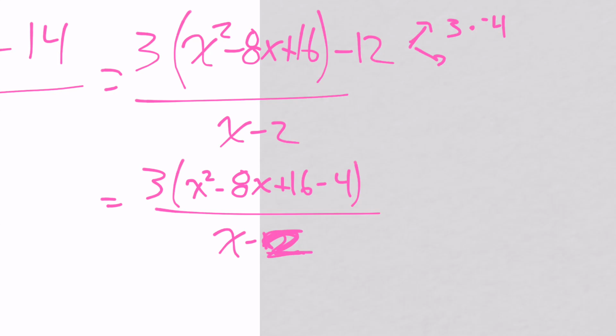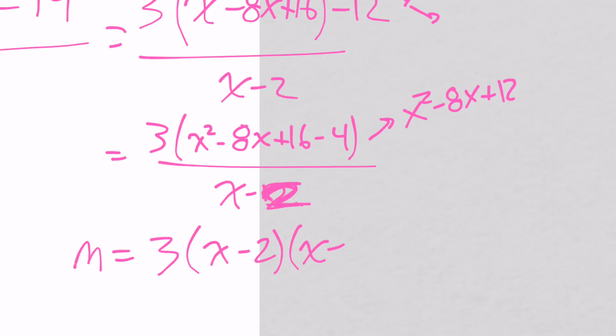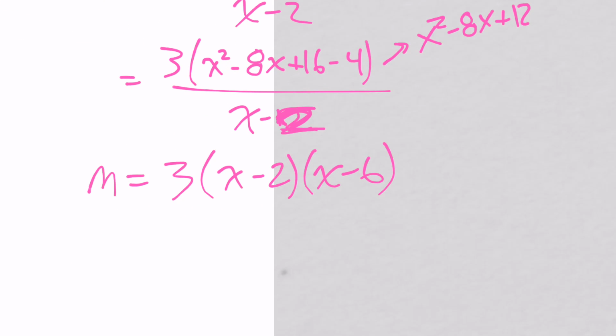Well, and then what could I do? Well, 16 minus 4 is 12. So that top is really an x squared minus 8x plus 12. And then we could factor it. So our slope m equals 3 times (x squared minus 8x plus 12), which factors as (x minus 2) times (x minus 6), divided by x minus 2.